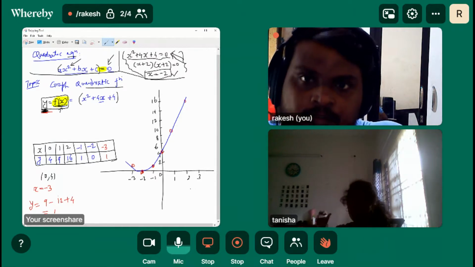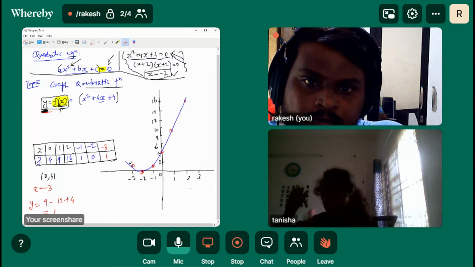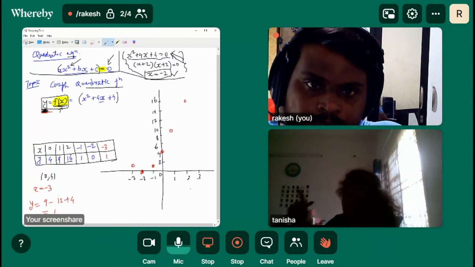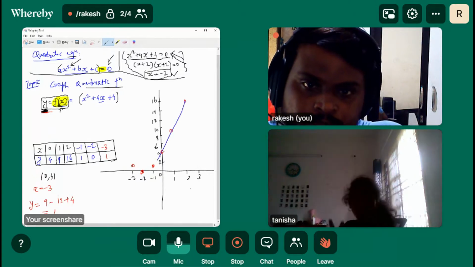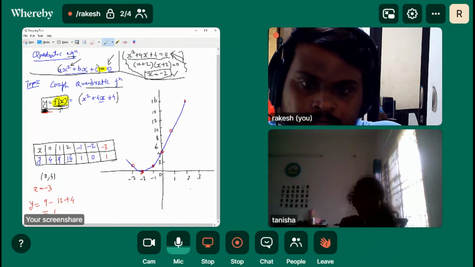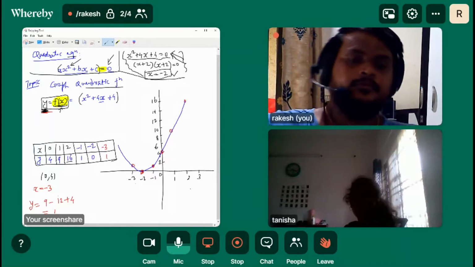My teacher taught me in a different way. I learned that there are only two x values, and then you replace x with zero to find y.